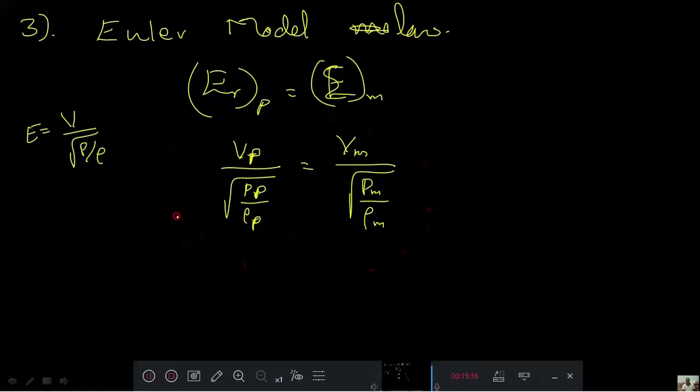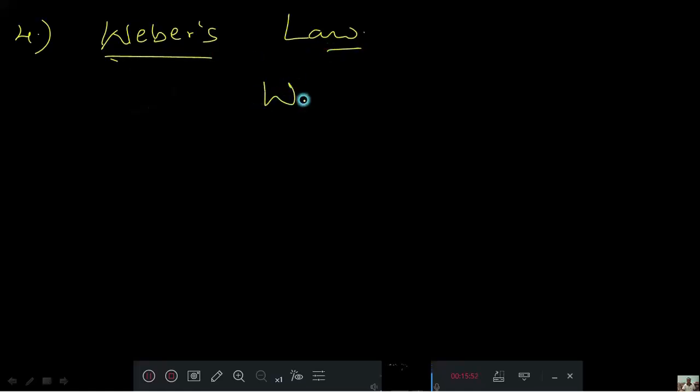Among these you can assume one parameter and go ahead with the others. Like that we have a fourth law, that is Weber's law. What it says is the same: Weber's number for the prototype must be equal to Weber's number for the model. What is the Weber's number formula?